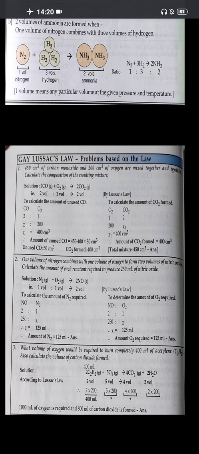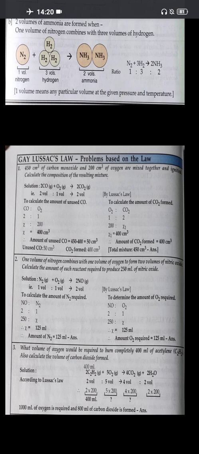Find the value of x, that is 125 ml of nitrogen gas is required. And then to determine the amount of O2 required, NO is to O2, that is 2 is to 1, means the volume is 2 is to 1. Therefore 250 is to x. Find the value of x, it is how much? 125 ml. So amount of oxygen required is 125 ml.